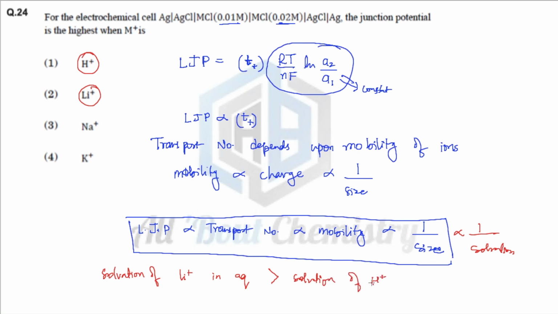So the best ion you can use here for the highest liquid junction potential is your hydrogen ion, not your lithium ion. Many people made a mistake while solving this question in the exam. They chose lithium as the correct one, but the solvation effect is what makes lithium less favorable than your hydrogen ion. All right, let's go to the next question then.